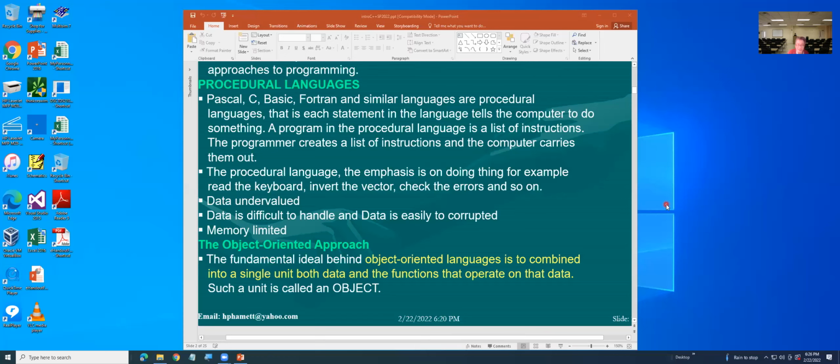That's another function, a small program. And that function has to work with your data, your money. So they say both data and the function that operates on it have to work together.